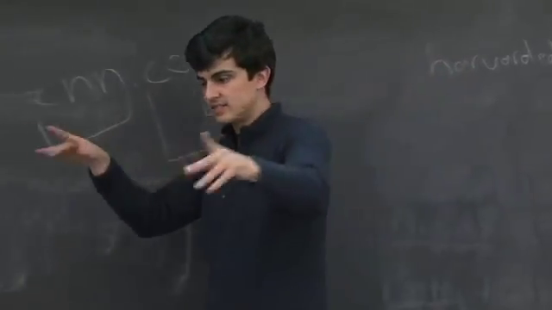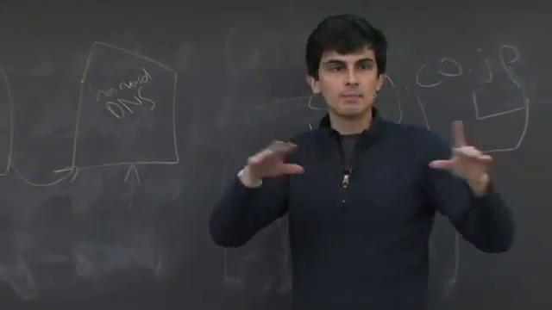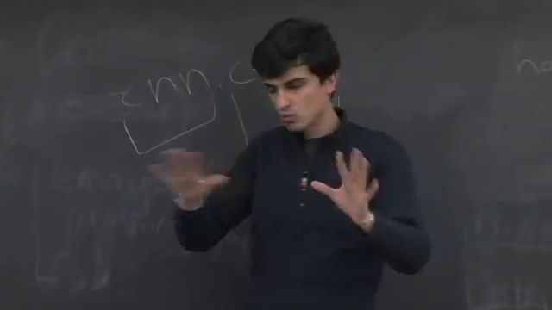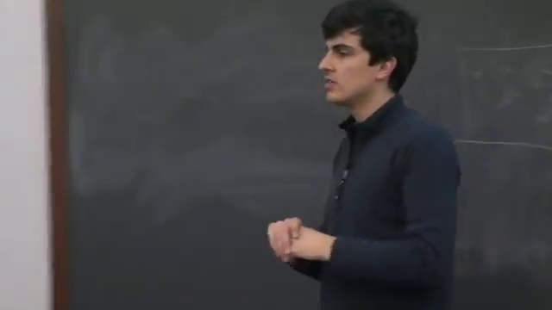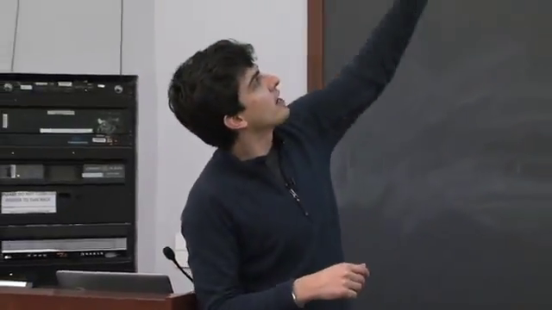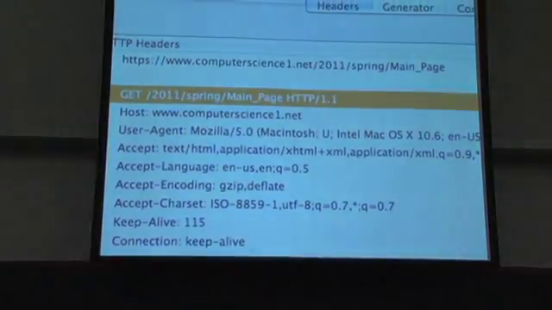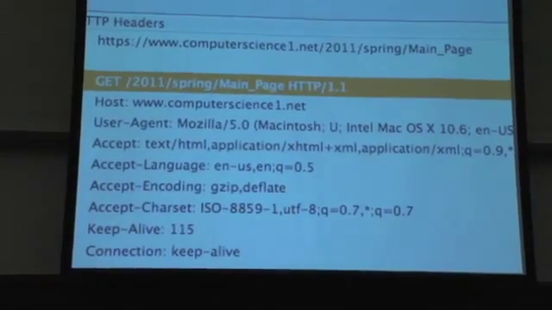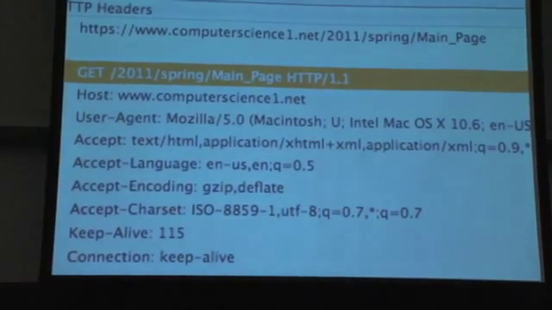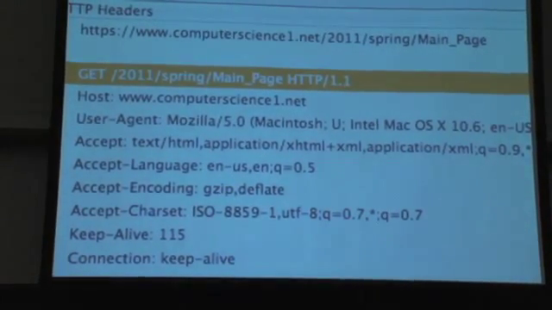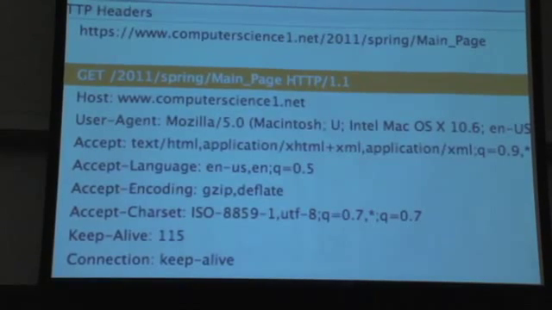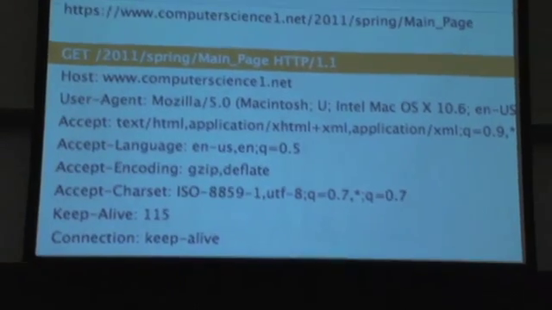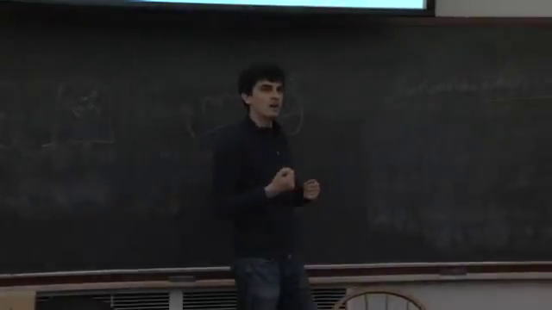And remember, all of this stuff that's happening is happening over packets. But we don't care about that. That's at a much lower level than what we're looking at right now. Then I begin my request. This very top line, GET /2011/spring/main_page HTTP/1.1. Now this request actually specifies to the server a variety of things.